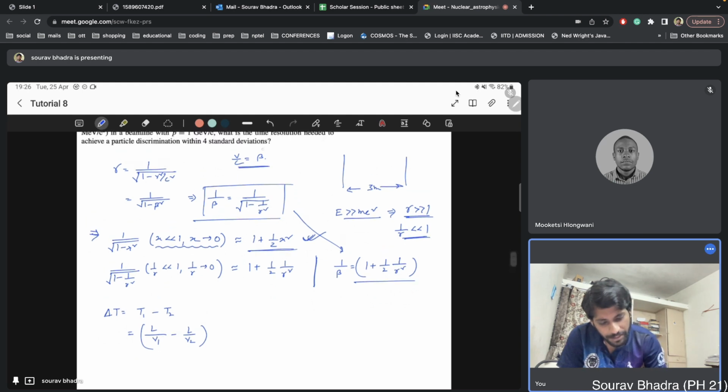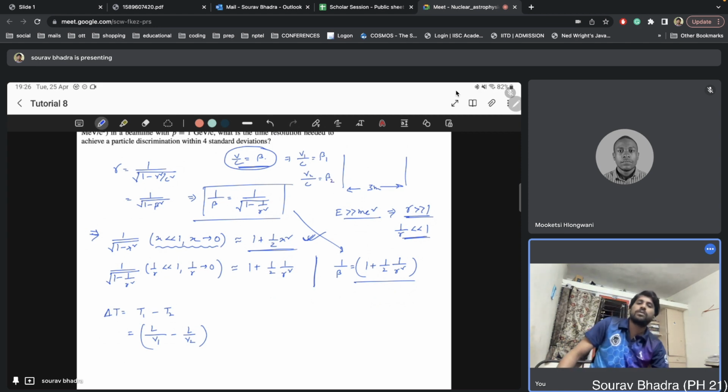As I have written, v by c equals beta, so v1 by c is beta 1 and v2 by c is beta 2. I just want to express the velocity in terms of beta. So it is L over beta 1 c minus L over beta 2 c.